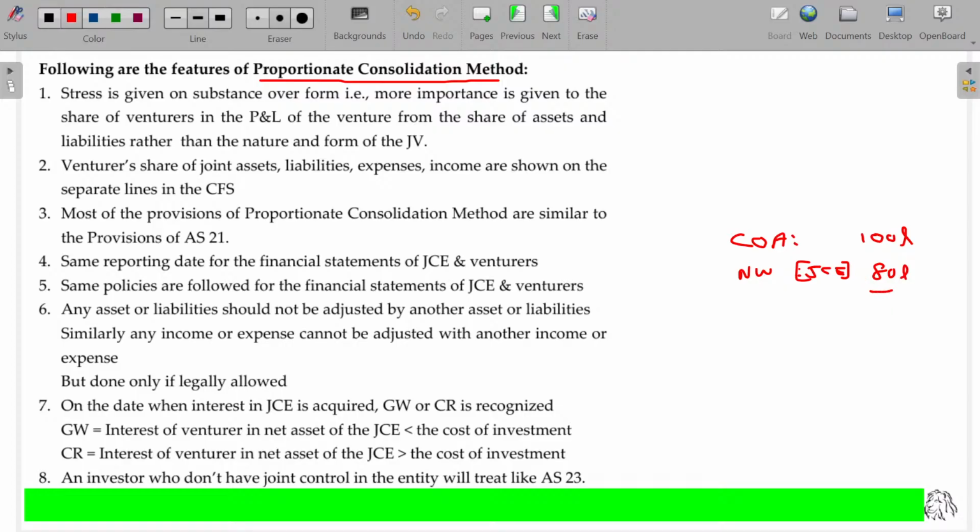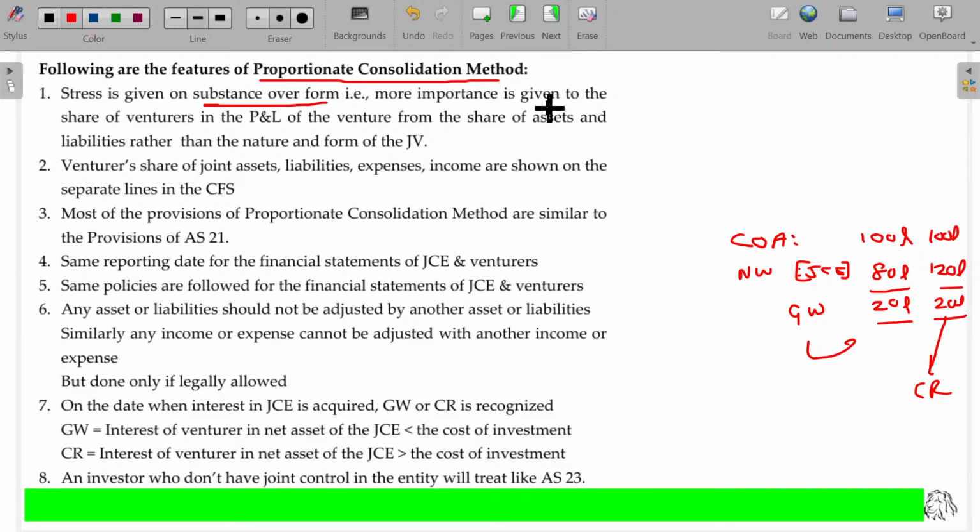What does it mean? You paid more than its worth. Then the excess payment will be called what? Goodwill. Or if the net worth is 120 lakhs, what does it mean? 20 lakhs will be capital reserve. Is that clear? Now, stress is given always on substance over form.